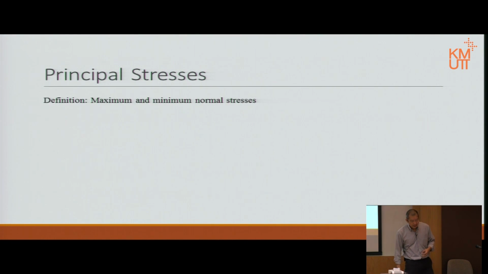Okay? The definition is the maximum and the minimum normal stresses. Question: why do we need maximum and minimum? I just said that we only need maximum. The answer is, if we look at the equation closely, it is mathematics, meaning it will always think negative is less than positive.